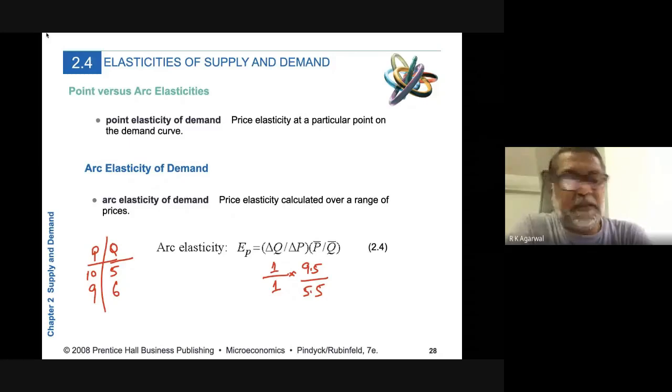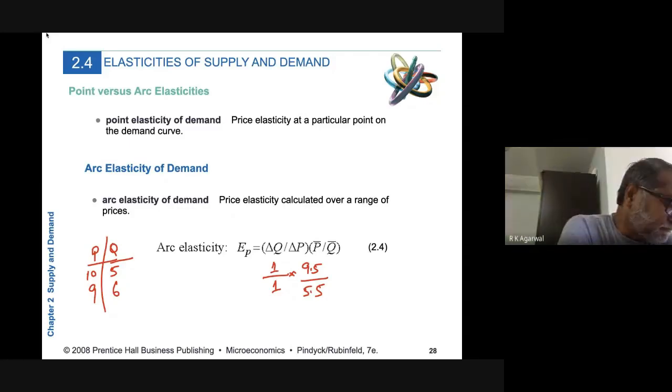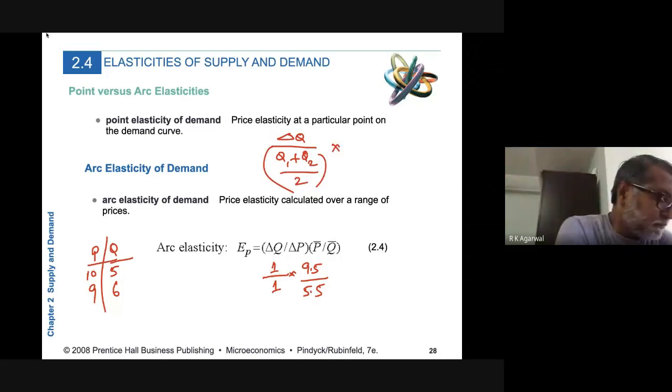So basically, what we do in arc elasticity is this: delta Q by (Q1 plus Q2)/2, divided by delta P by (P1 plus P2)/2.